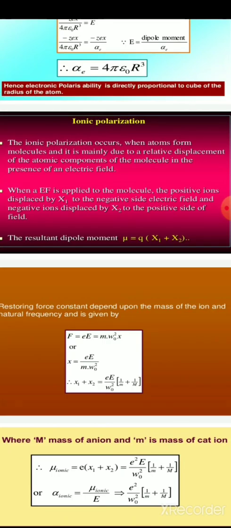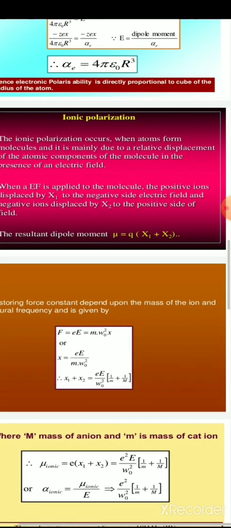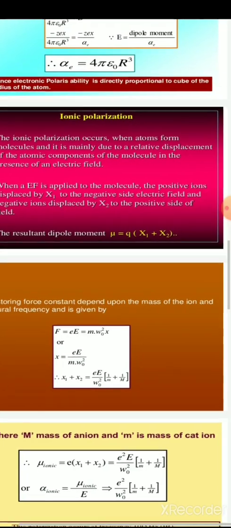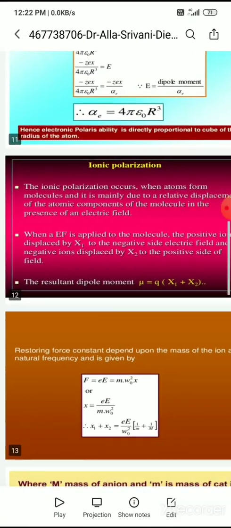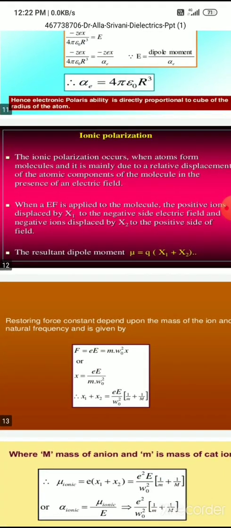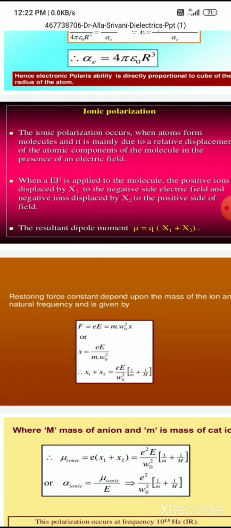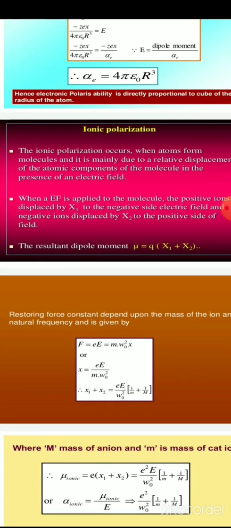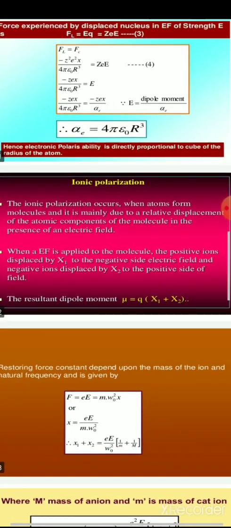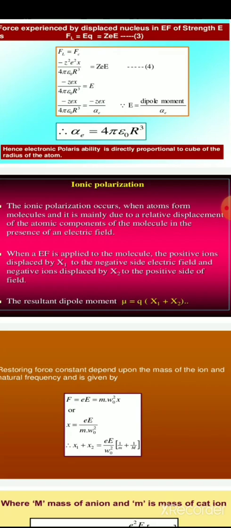Restoring force constant depends upon the mass of the ion and the natural frequency, and it is given by F equals e into E, m omega naught square into x. Ionic polarization depends upon the positive and negative charges and the frequency, which we have taken as omega naught square.